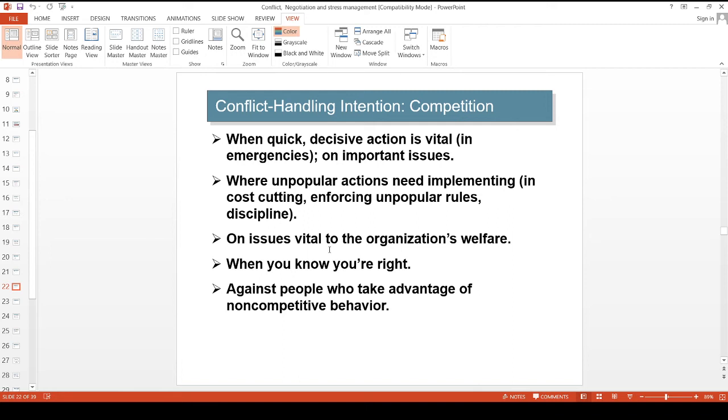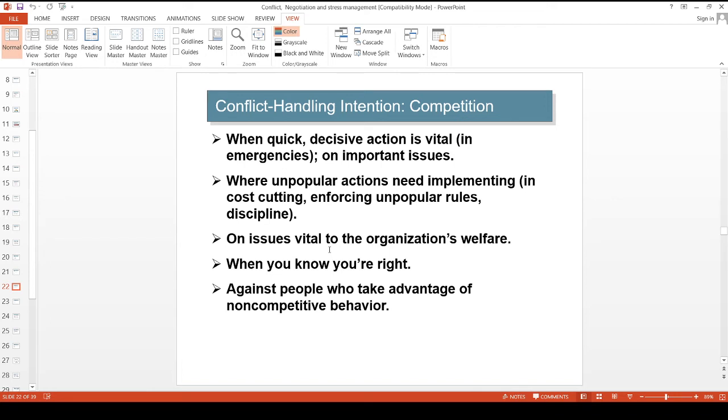So this is not usually a popular situation, and we will have to enforce it on the parties. So we will have to be careful about discipline. So whenever unpopular actions are required to be implemented, we use this strategy, that is competing.